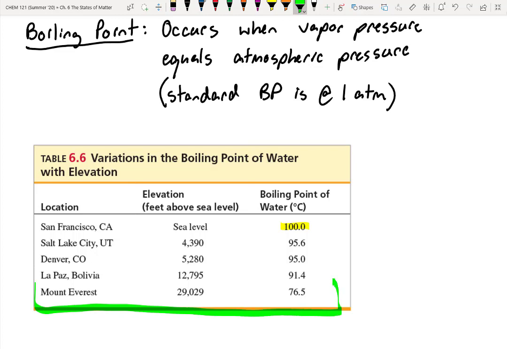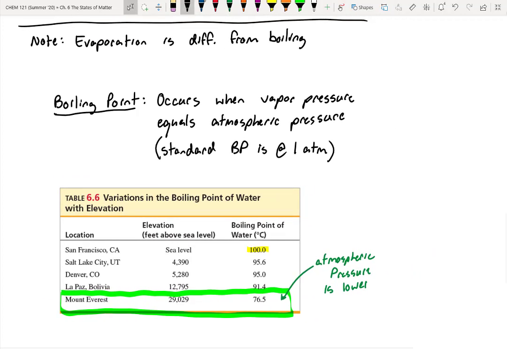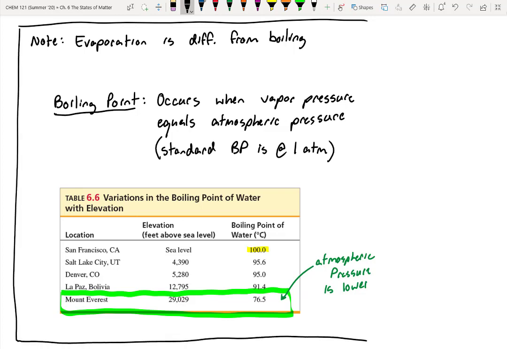If you're at the top of Mount Everest, water will boil at 76.5 degrees because the atmospheric pressure is lower. You've got a lot less air above you exerting pressure down, therefore you can boil water at a lower temperature. In fact, this becomes kind of a problem I've heard on Everest, because you get more energy from food when it's cooked, but it's harder to cook food at higher elevations.